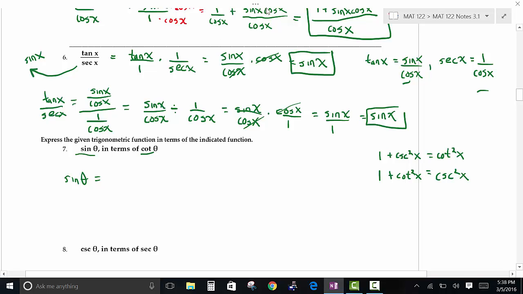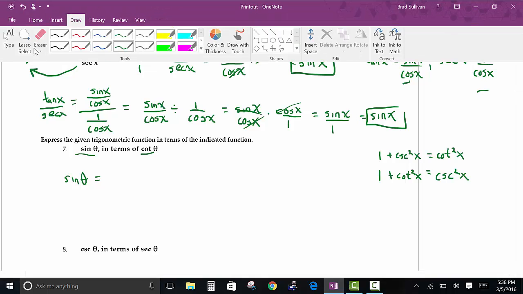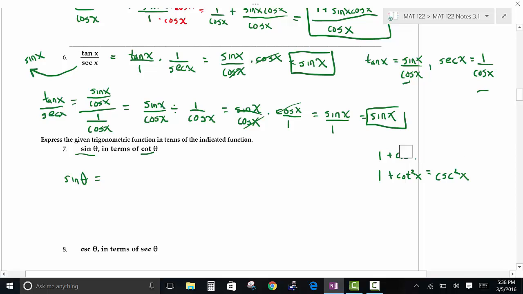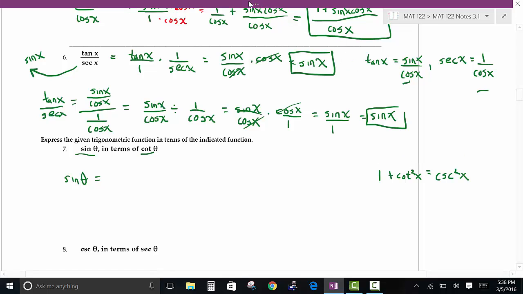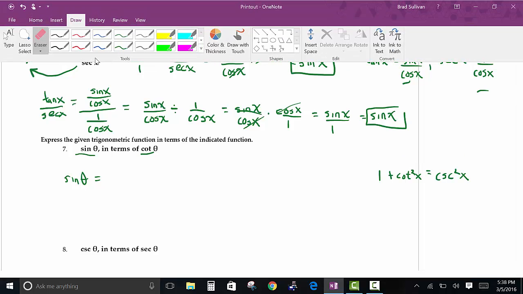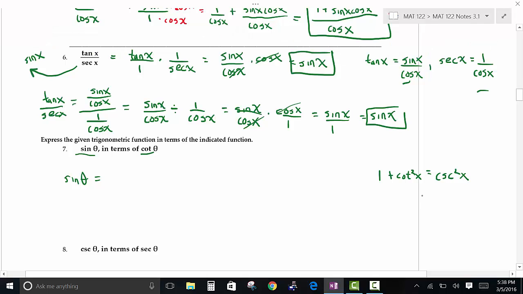I forget that identity all the time, but I showed you a quick way to derive that when you need to. Okay? All right, now my thought process on this is, okay, this thing right here is really 1 over sine squared x. So I'm trying to make a connection between this and a cotangent.